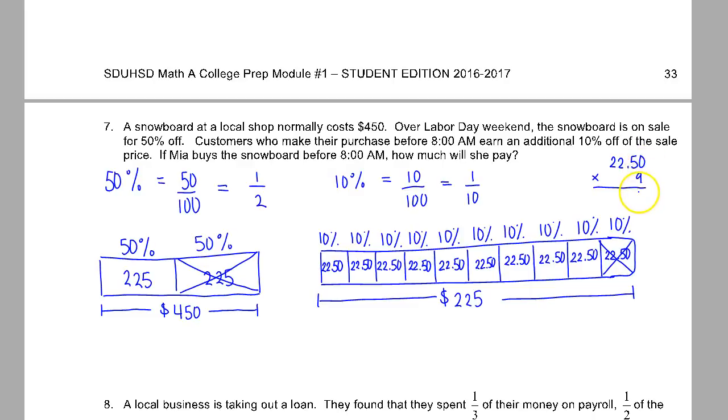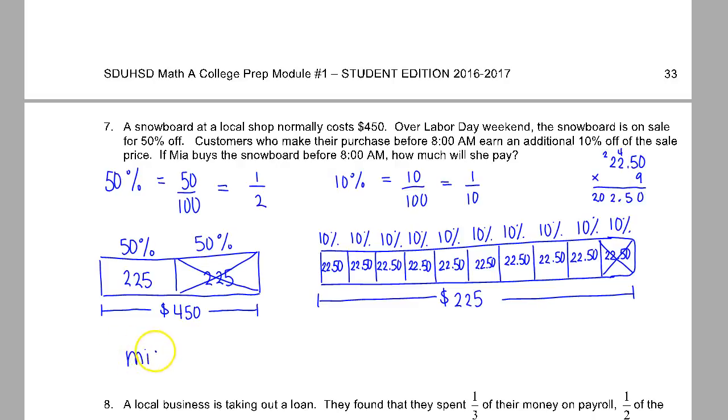So if I do my multiplication, 9 times 0, 9 times 5, 9 times 2, 18 and 4 is 22, and 9 times 2 is 18, and the 2 we carried is 20. So $202.50.